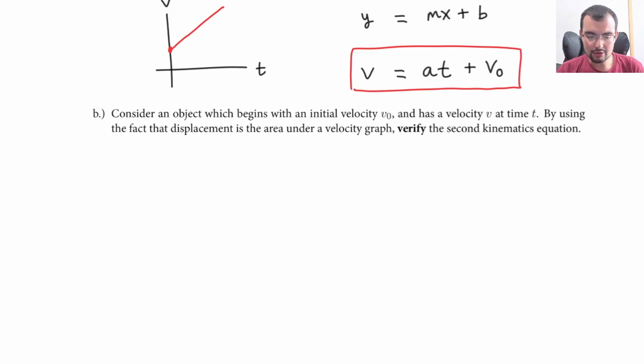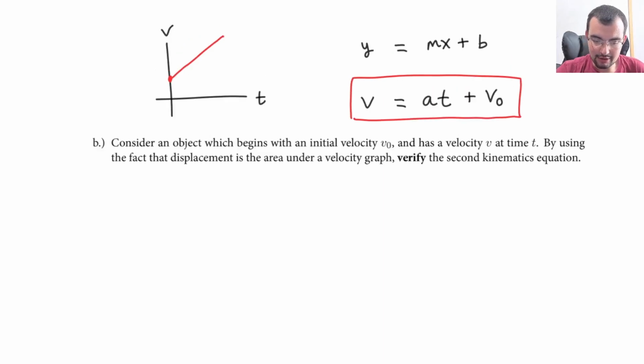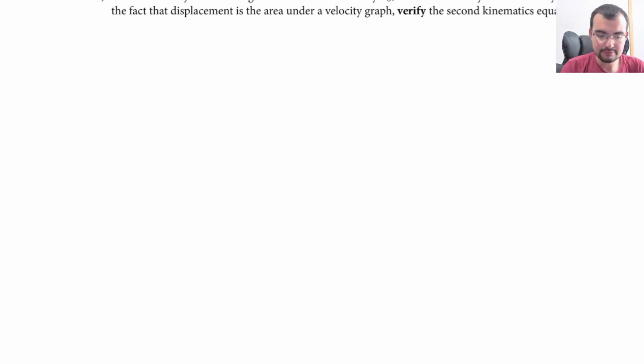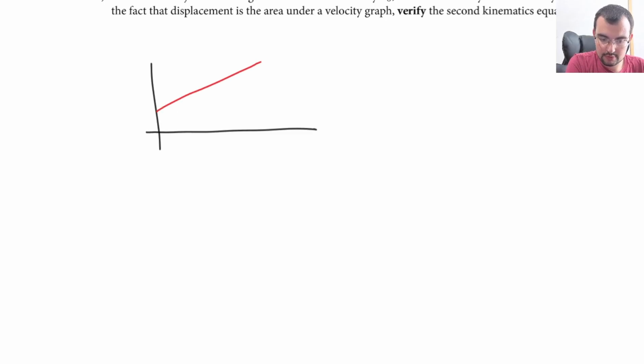So now let's use that graph that we came up with, and using the fact that displacement is the area under this graph, let's get a displacement equation. We're saying that our velocity function looks like this.